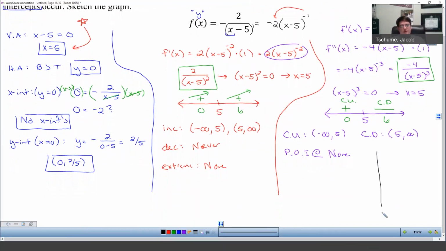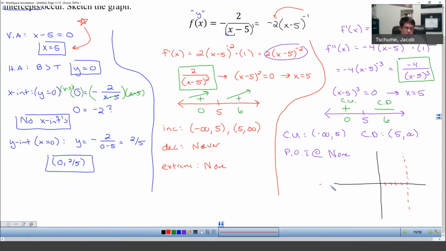Now, from all of this, down here at the very bottom right of your screen, I'm going to draw a rough sketch of what's happening here. And let's do this in red because that's the distinguishable color. On the far left, you have all of your asymptotes and intercepts that you can draw. So if I go to x equals 5, I can draw a vertical asymptote, which, like I said, if you remember from algebra, is represented as a dotted line.